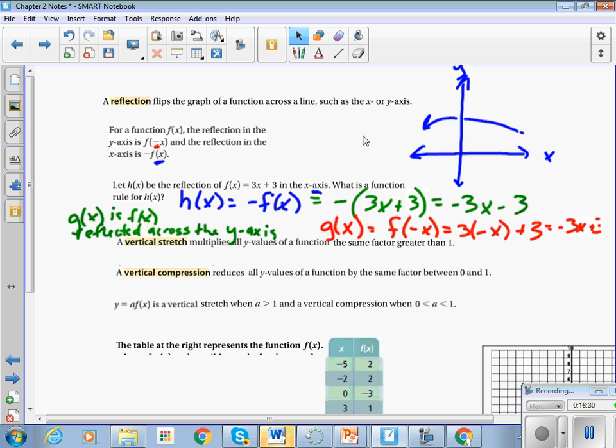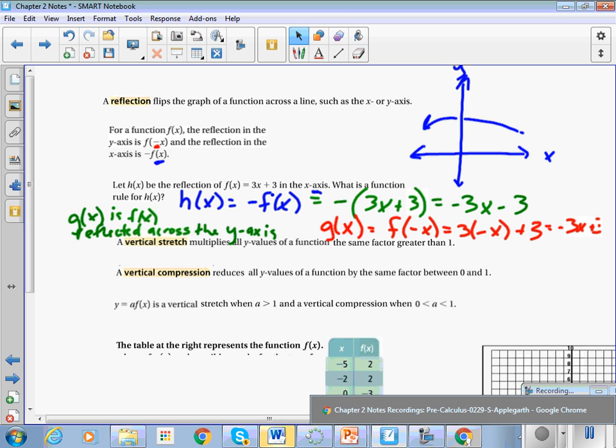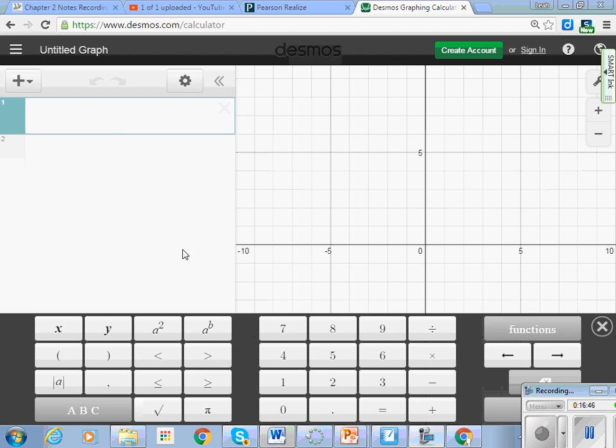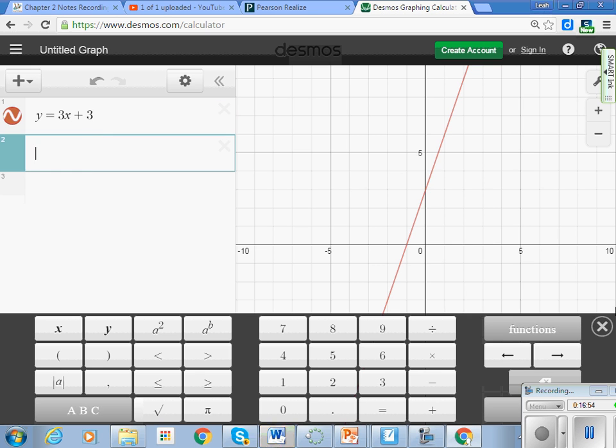Let's take a moment and see what those look like graphed. So if you go to your graphing utility and graph your original function, y equals 3x plus 3, you can see it's a nice line that lives right here.